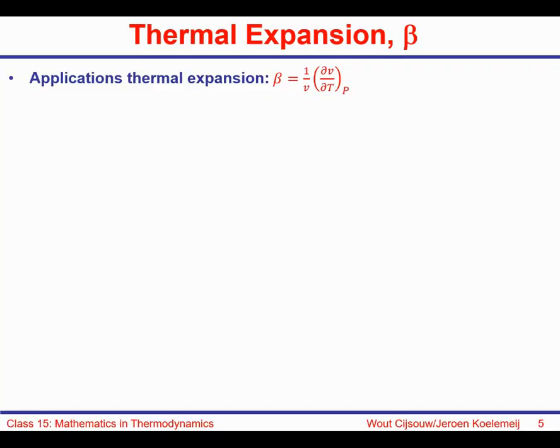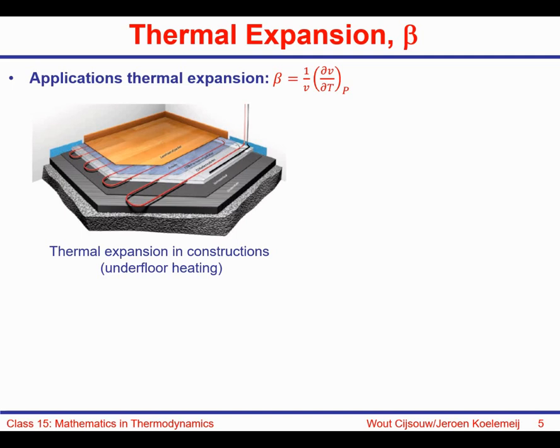So that was another interesting and very clear movie by Wout. So we learned about the thermal expansion coefficient, beta, and there are actually applications. Wout already mentioned so-called underfloor heating systems, where you have your expensive laminate floor.